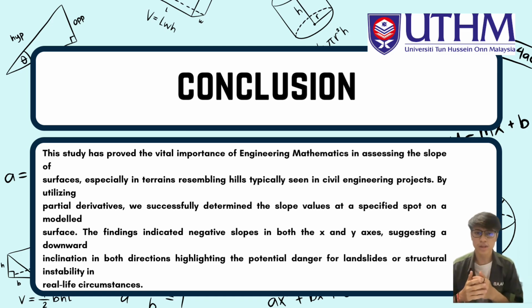The results show negative slopes in both the x and y directions, meaning the surface slopes downward both ways. This indicates that in real life, such a slope could be dangerous because it increases the risk of landslide or structural instability.